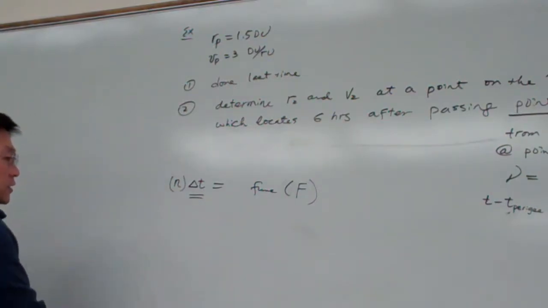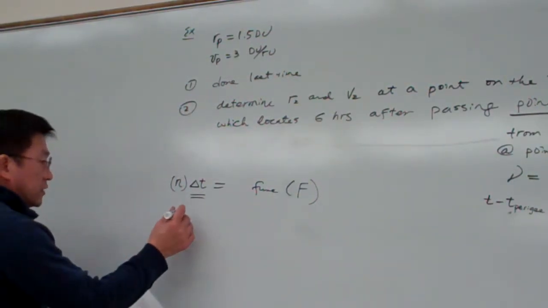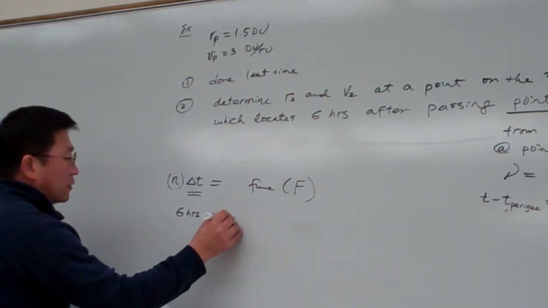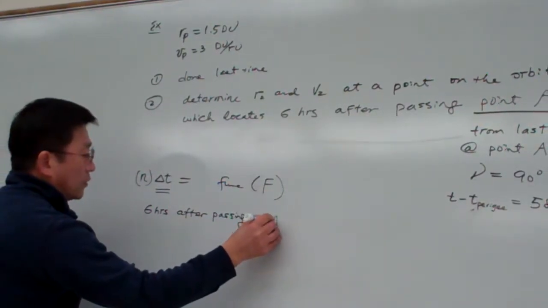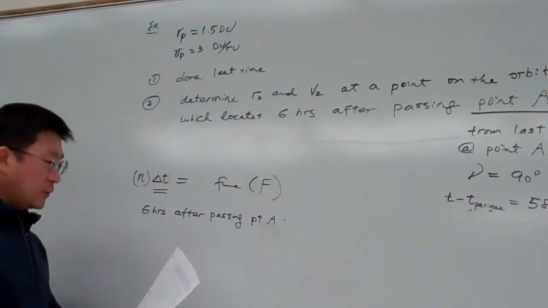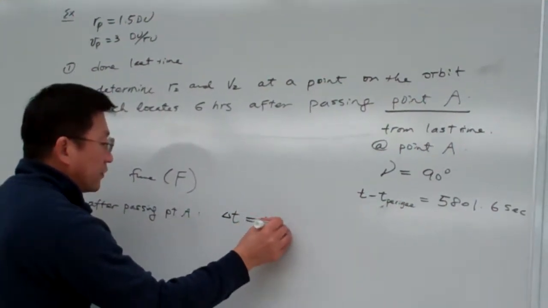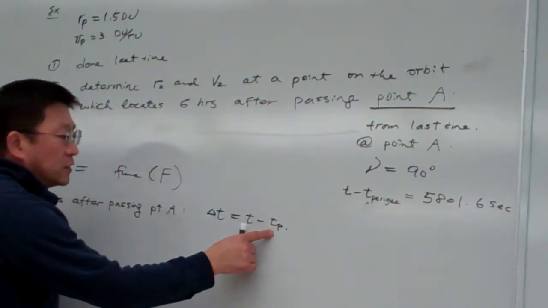So now we determine delta t, and so 6 hours after passing point A. For example, we define delta t equal to t minus t perigee, so we take the perigee as our reference.